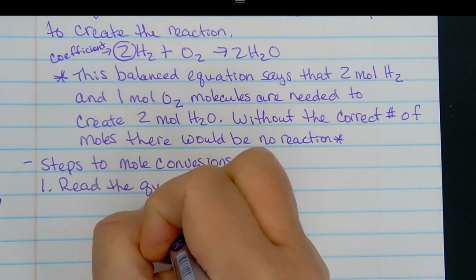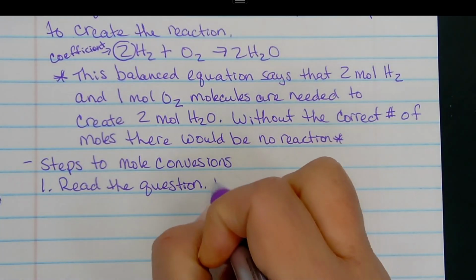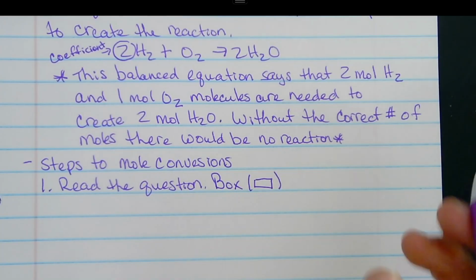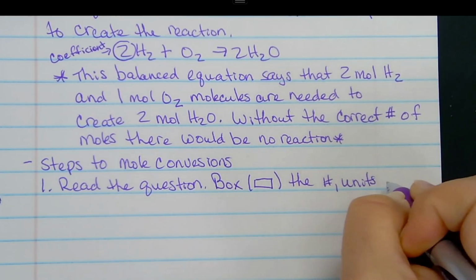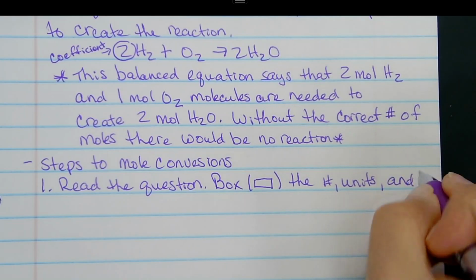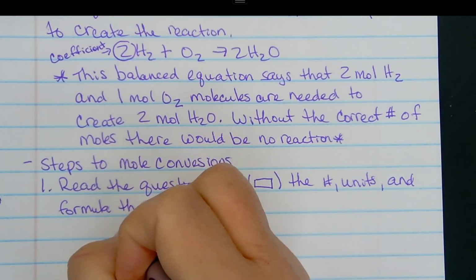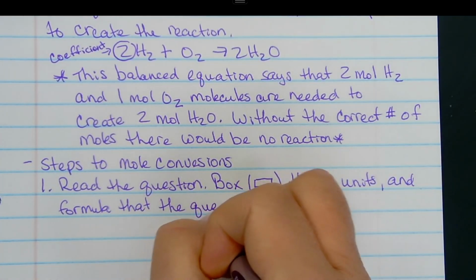the whole question. And to make sure that you're reading the question and thinking about what the question says, there's a couple annotations I have you guys do within the question itself, okay? So you're going to box, means put a box around, the number, the units, and formula that the question gives you.